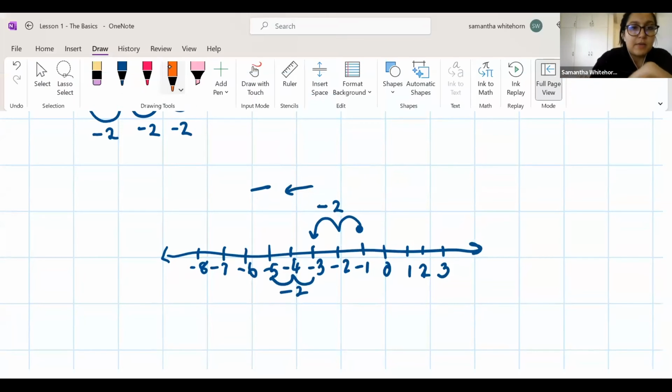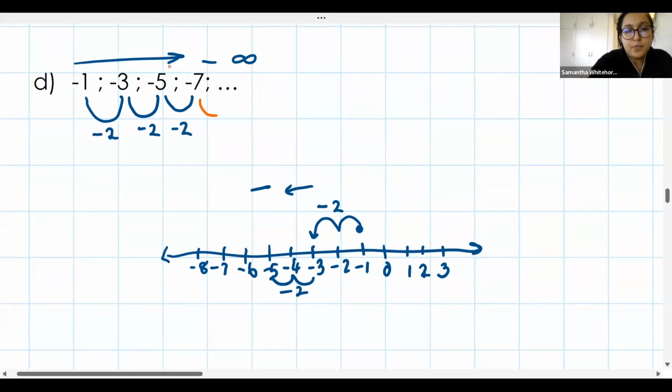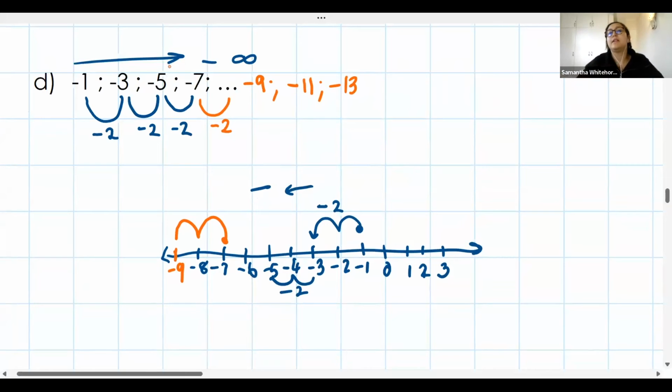That therefore means that my next 3 terms here would need to be -7. So here I am, subtract 2, taking me to -9. Subtract another 2, -11. Subtract another 2, -13. So be very careful. We are not adding 2, we are subtracting 2.